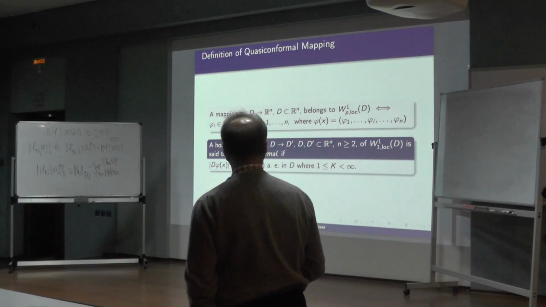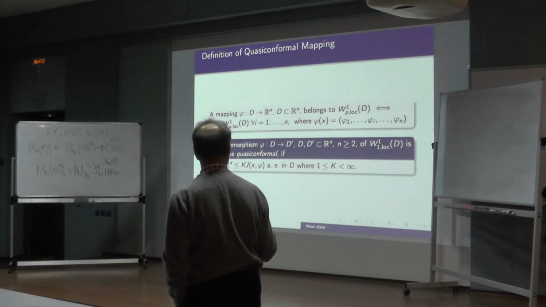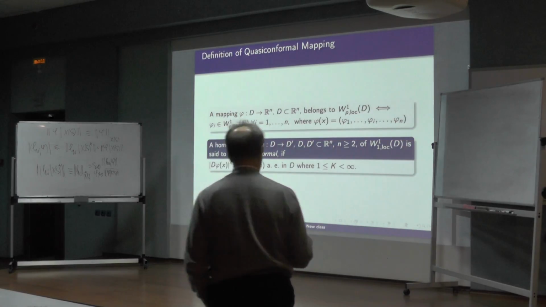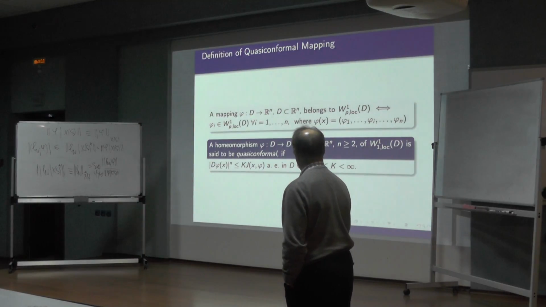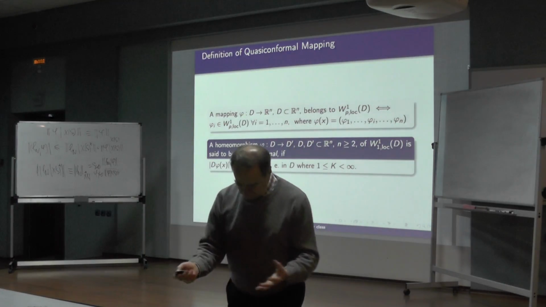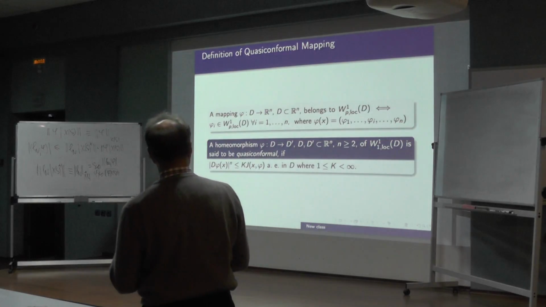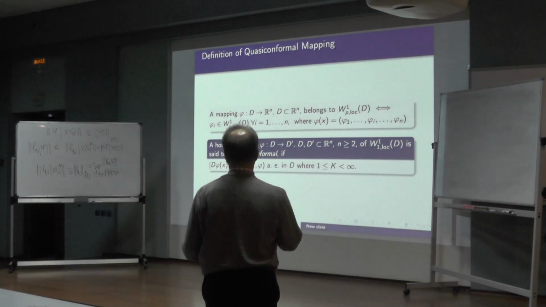Then a homeomorphism phi from D to D prime is said to be quasi-conformal if it belongs to the Sobolev class, and there is an inequality between the norm of the differential to the power n and the Jacobian.